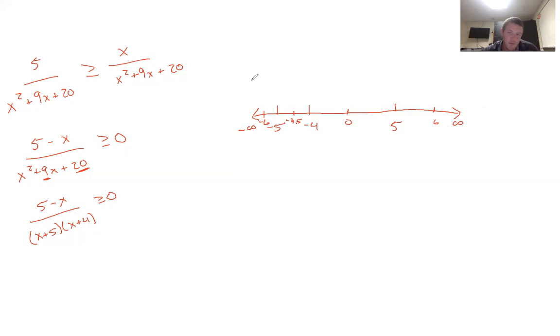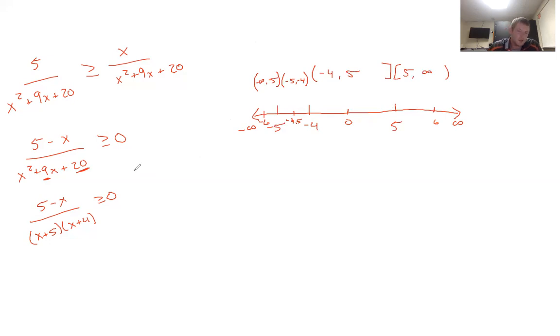I should have put the parentheses and brackets up here. It cannot be -5 because the bottom cannot be there. It cannot be -4, so that's parentheses. 5, it can be 5 because 5 minus 5 would equal 0, and then parentheses. So the 4 intervals I need to check are from -infinity to -5, from -5 to -4, from -4 to 5 with a bracket, and from 5 with a bracket to infinity.